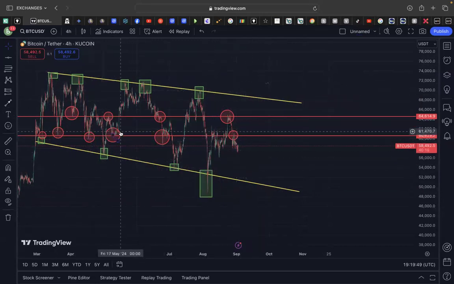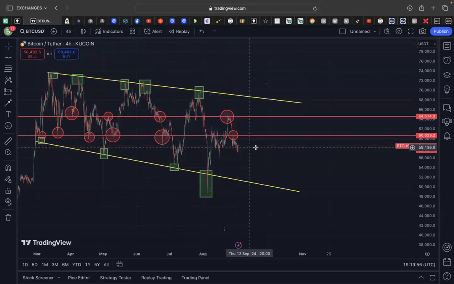So that's just an overview of a large 4-hour chart on Bitcoin. We've identified what could happen, and we've also identified what could go wrong in our analysis.